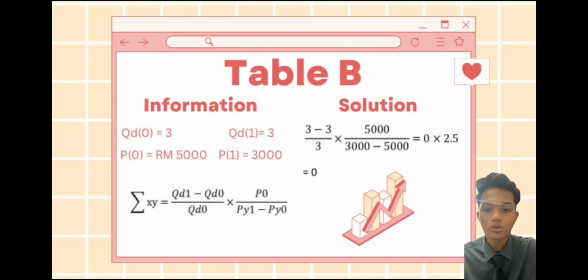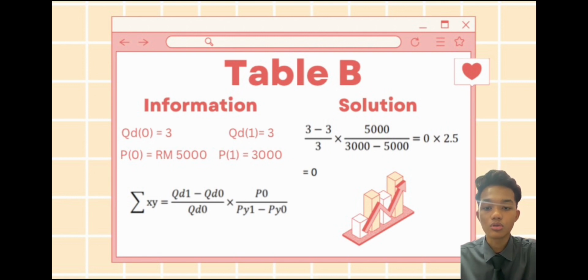Now let's move on to the solution for table B. We will use the same steps as the solution for table A. First, we will search for the information from the table. So this is the information that I get from table B. The old quantity demanded is 3. The new quantity demanded is also 3. The old price is 5,000 and the new price is 3,000.